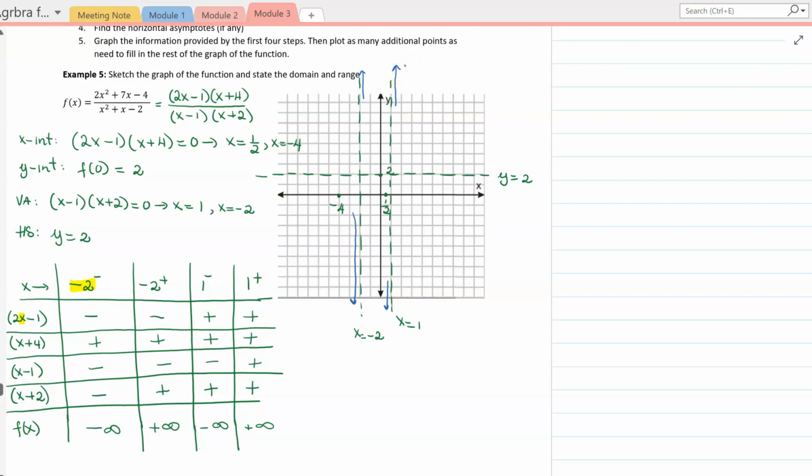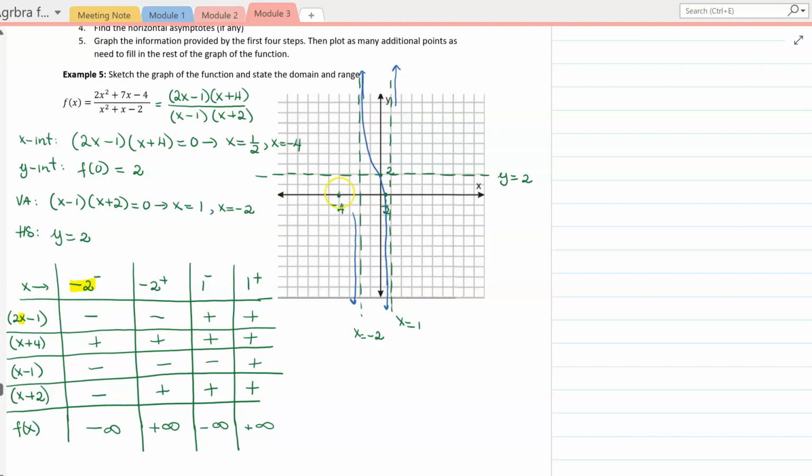Now we need to find what happens in between. Since we know that it is going to intersect at these intercepts, I can tell this part looks kind of like this, right?